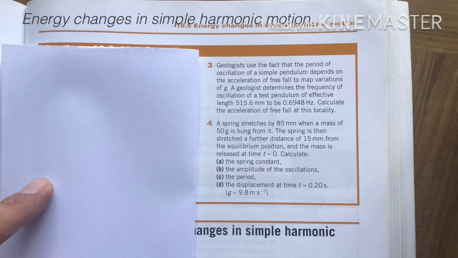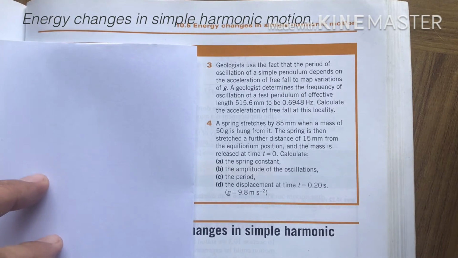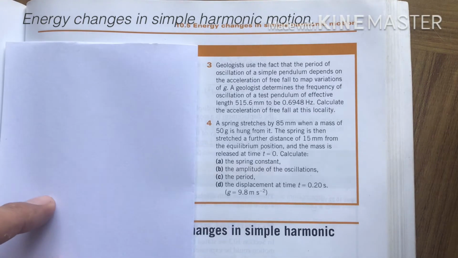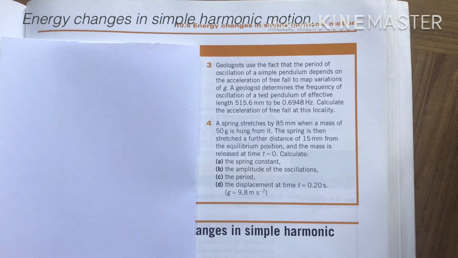The geologist determines that the frequency of oscillation of the pendulum of effective length 505.6 millimeter is 0.6948 hertz. Calculate the acceleration of gravity at this locality.